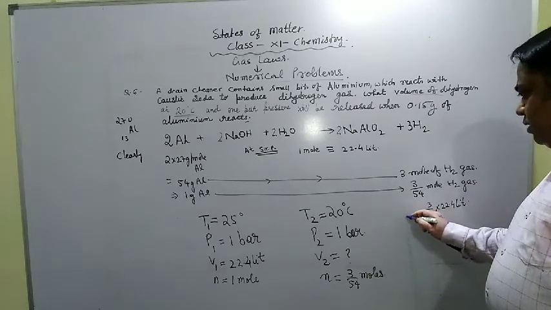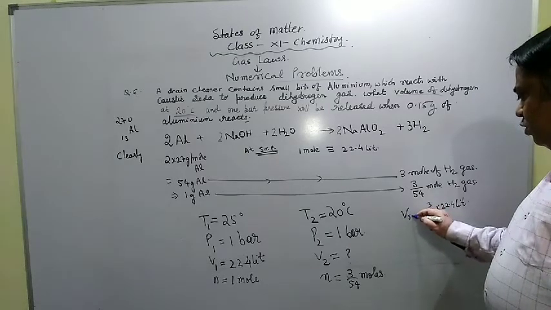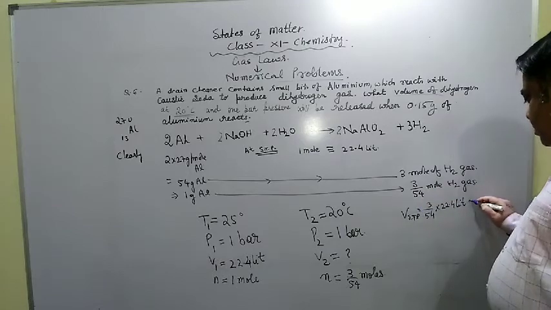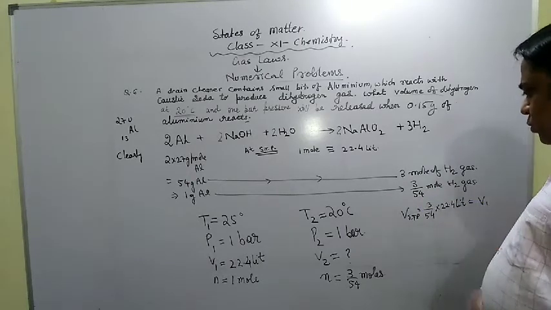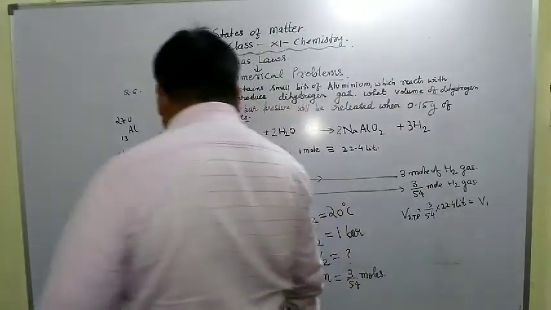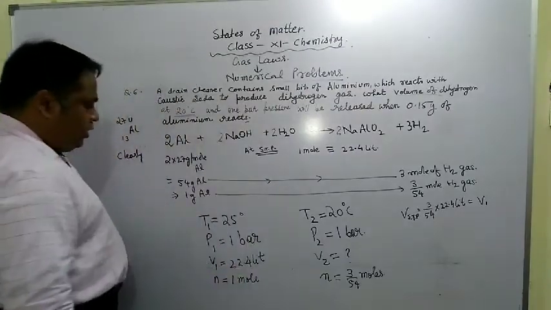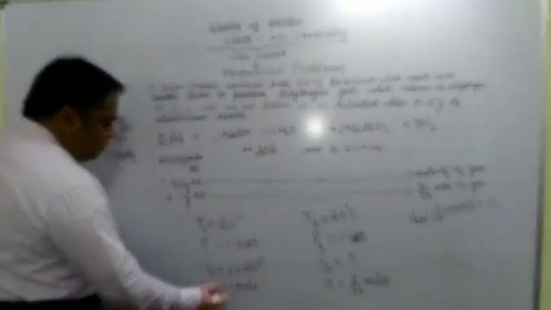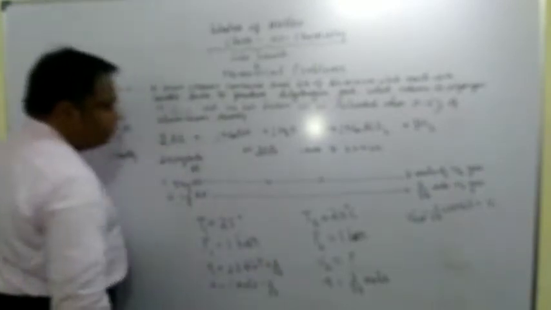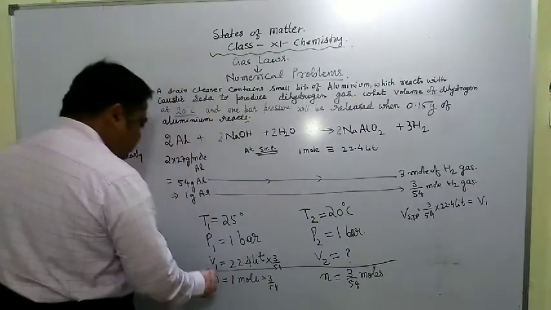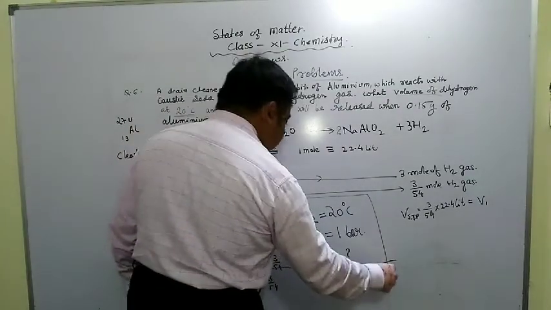This will be V STP, the volume at STP, which is nothing but equal to V1. For 1 mole it is 22.4 liter, for 3 by 54 it will be 3 by 54 times that. Now we can equate this and get the answer.